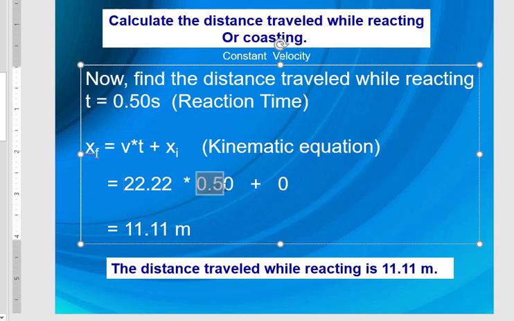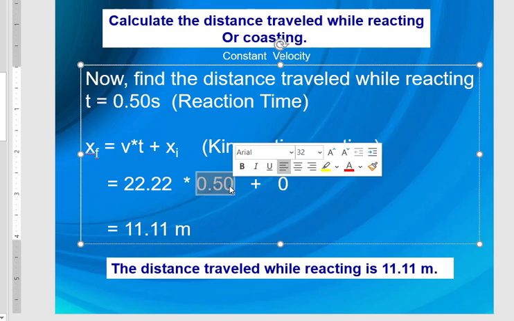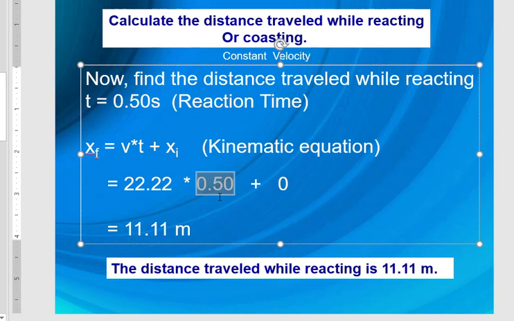And instead of 0.5, you will put your reaction time. And so you'll get your very own reaction distance, okay? This was just an example where it was for 50 miles per hour and a reaction time of half a second. But you use your own reaction time.